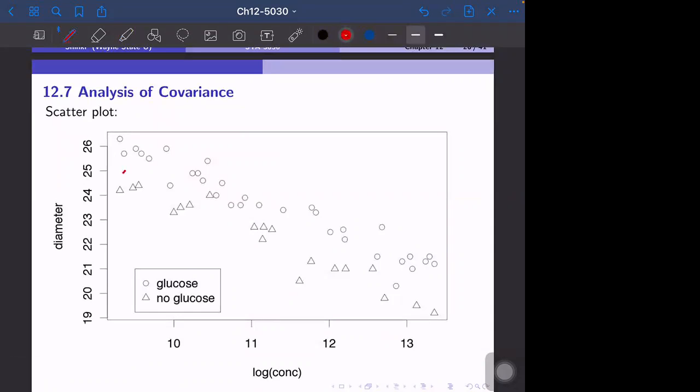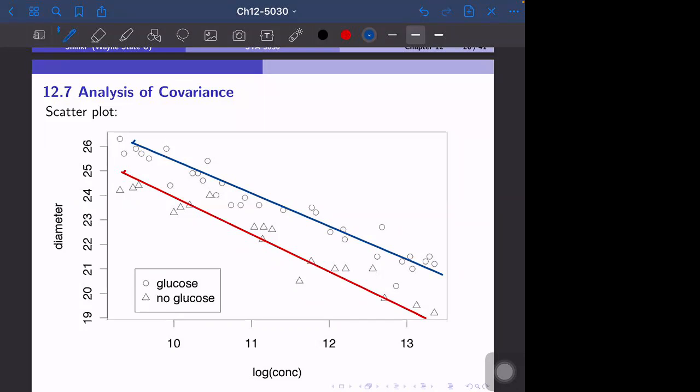And for the circles, the glucose group, probably the line is here. Both have a linear relationship and probably the same slope, but different intercepts. So our research question is whether these two fitted lines have the same slope or not. I mean, if these slopes are significantly different or not.